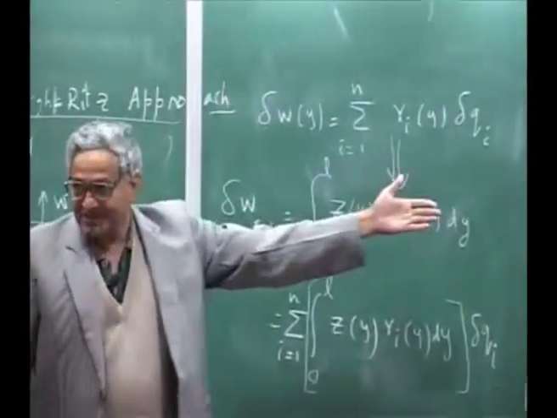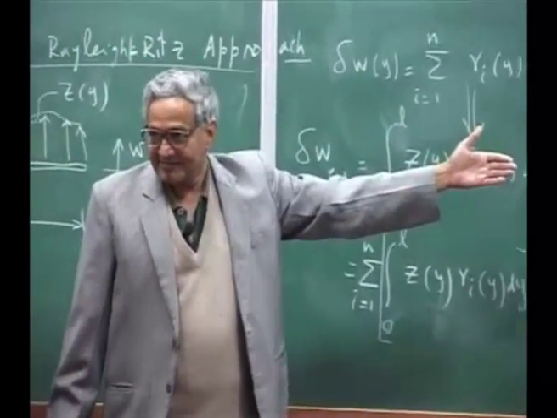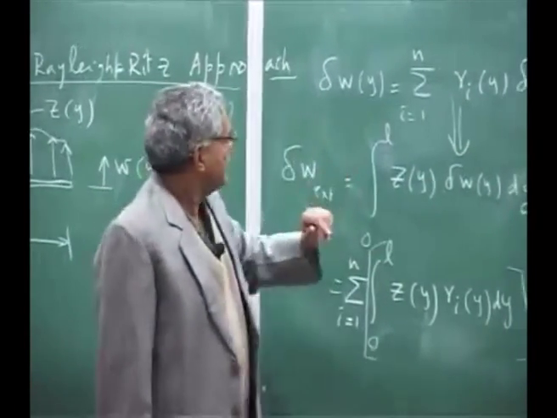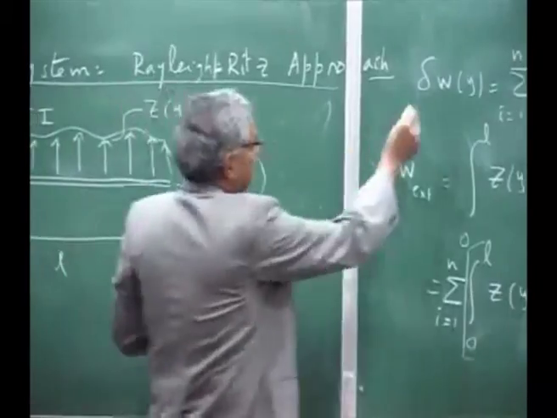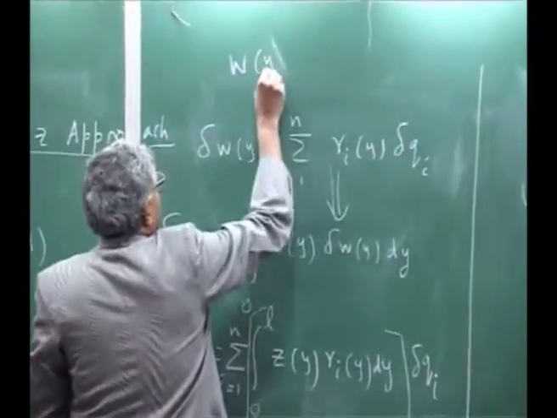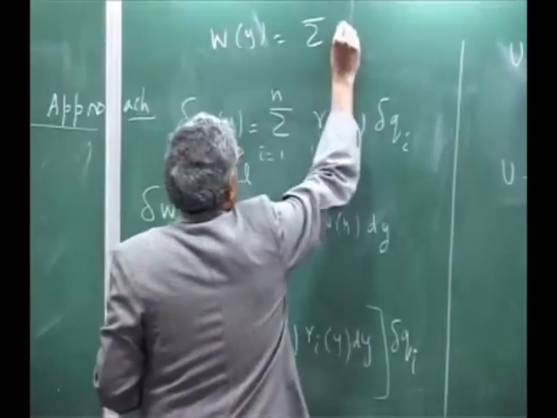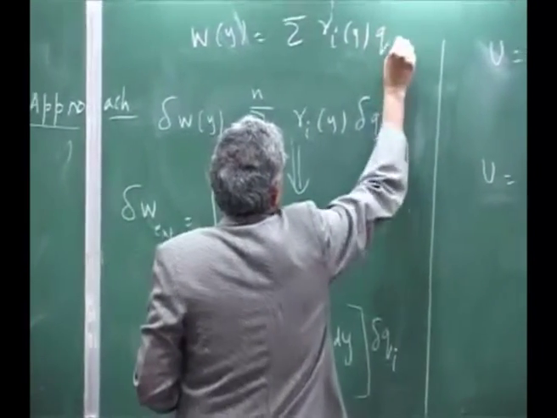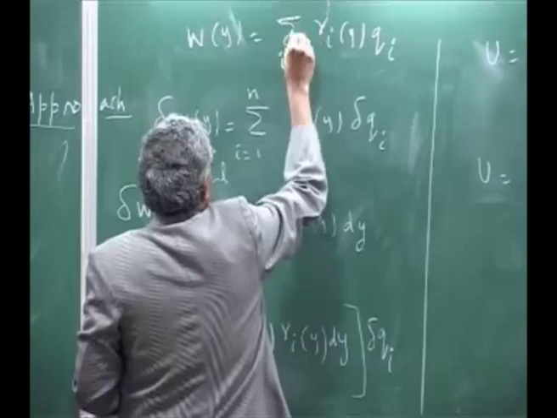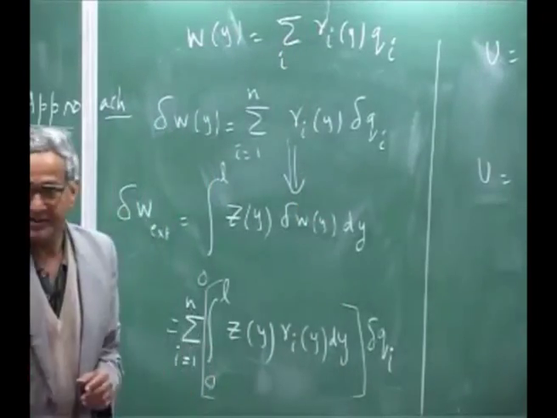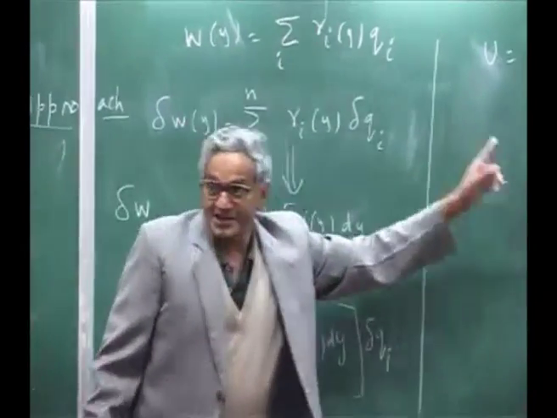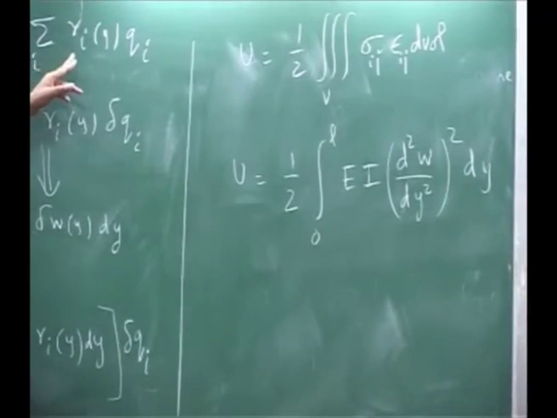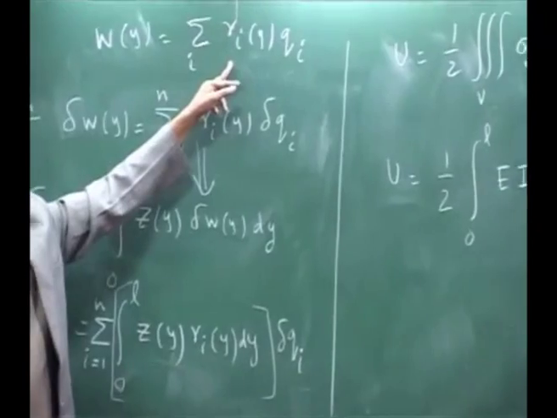You have to take the variation. Okay. Now when I substitute this, because we assume that W of y is summation gamma i(y) qi, I need to take the second derivative of this function.